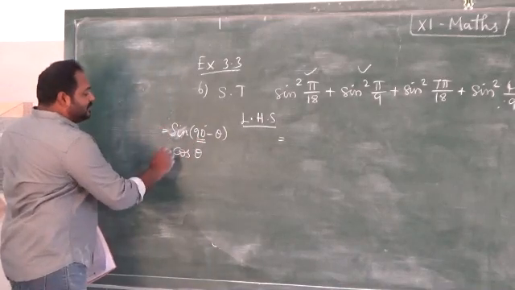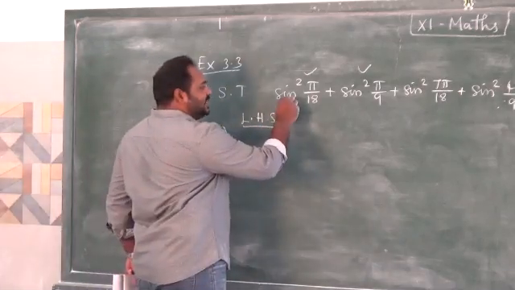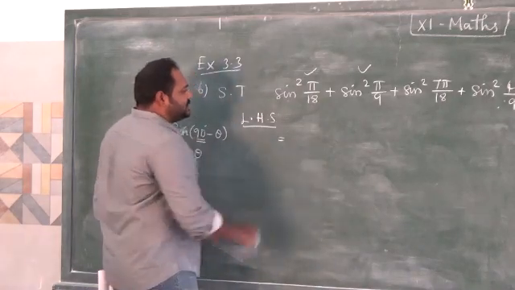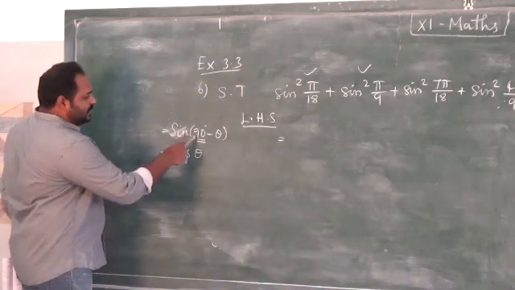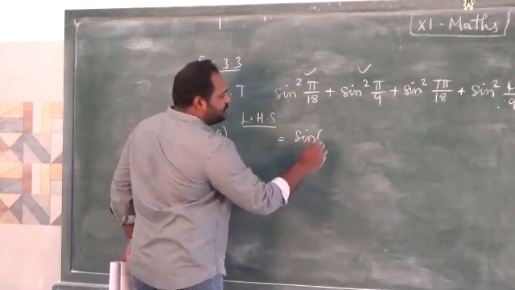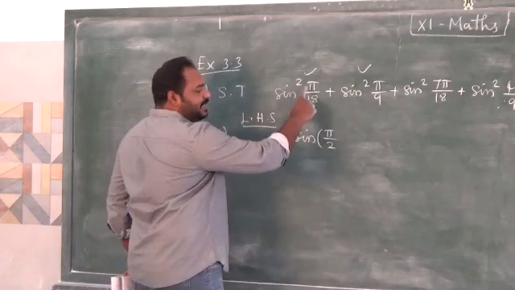This is the format I am going to use in this problem also. So how can we change sine square into cos square? This can be written as sine of 90 minus theta, in radian form because the value is given in radian form.